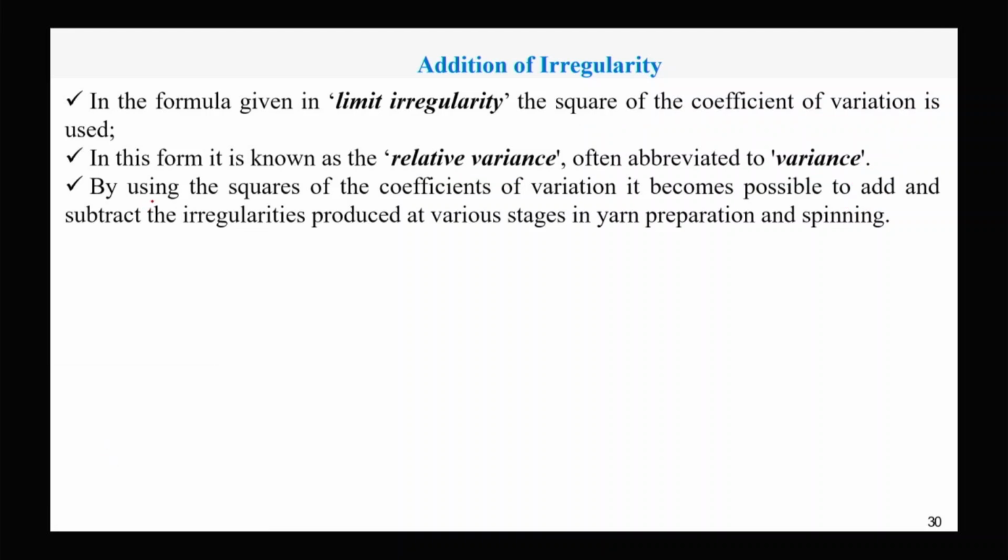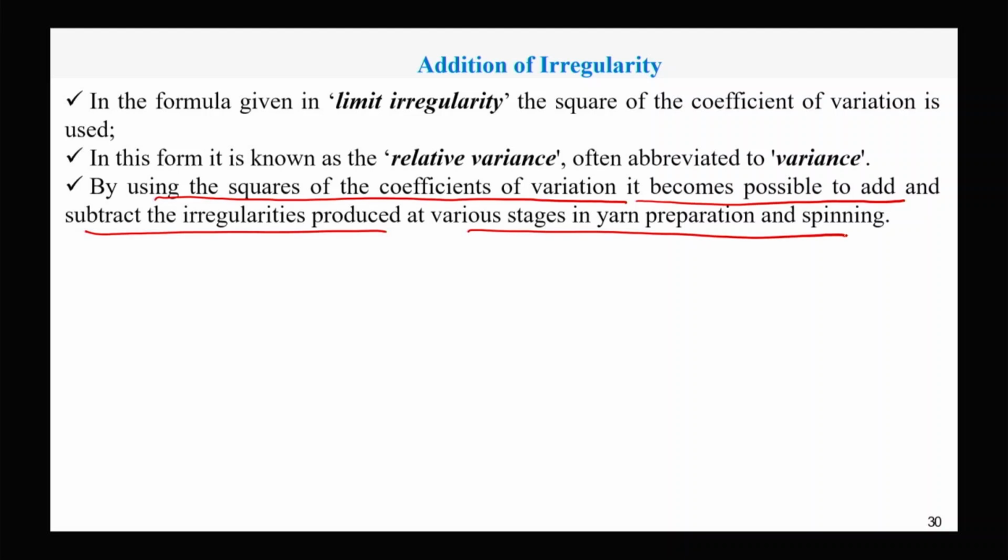So by using the square of the coefficient of variation, it becomes possible to add or subtract the irregularities. Irregularities are added by squaring the CV and then simply adding, and then we can get the CV of the final product.